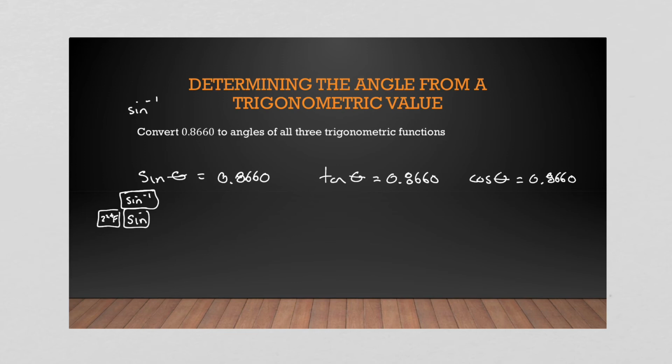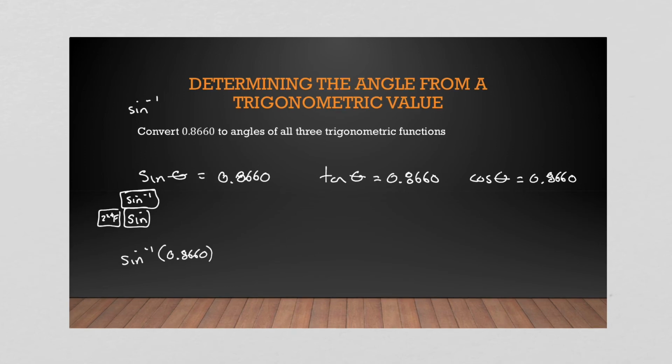So your calculator will say sine -1. And then it's helpful to open your brackets up and put in brackets 0.8660. And if you do that, close your brackets, hit equals, you should get 59.9970, and you just round your degree, in this case, to 60 degrees.